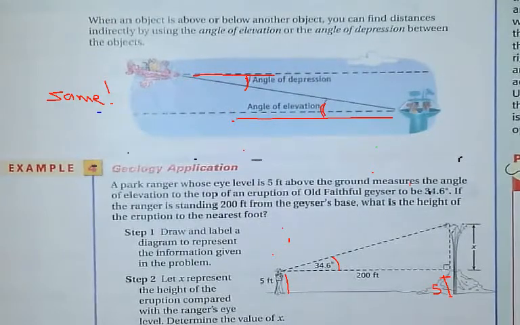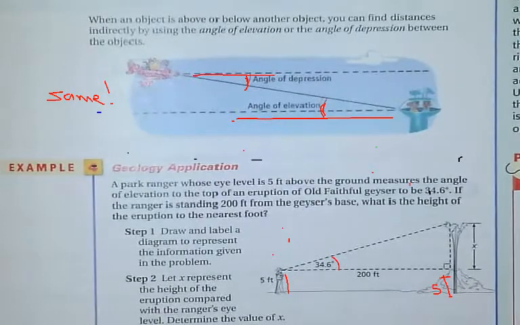Not all the way to the ground, all the way to the horizontal, but parallel to the ground. So he's sitting there looking, and he sees that the angle is 34.6, and he's 200 feet from the geyser. How high is it?